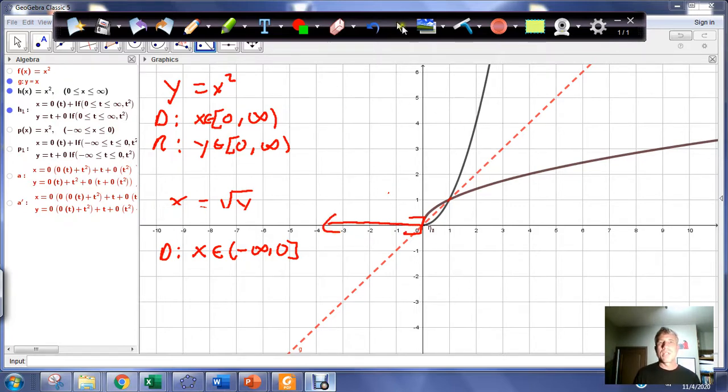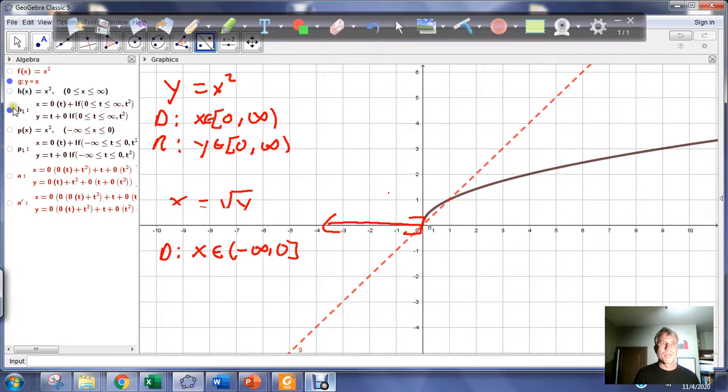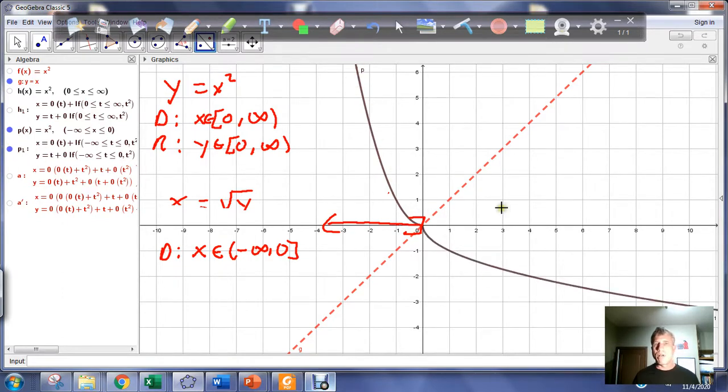So that means turn off the right half of the parabola, the part that's to the right of the line of symmetry, and turn on the part of it that is to the left of the line of symmetry. And then if we reflect this in the line y equals x, we'll get something that is a function that passes the vertical line test. So if we restrict the domain and still keep y equals x squared, but only look at it from x going from negative infinity up to 0, we get this half.